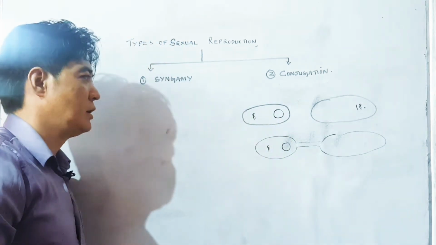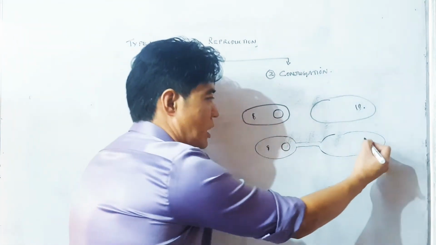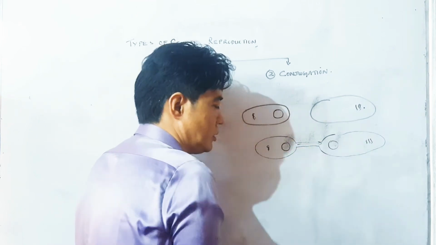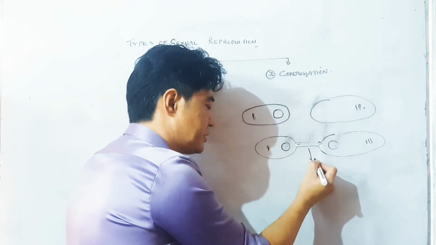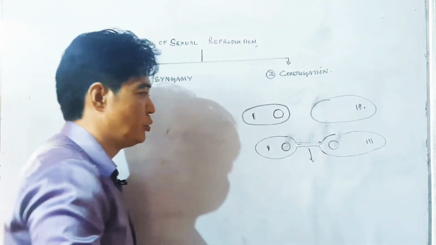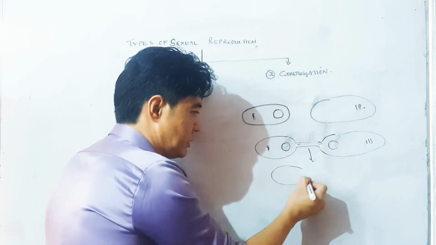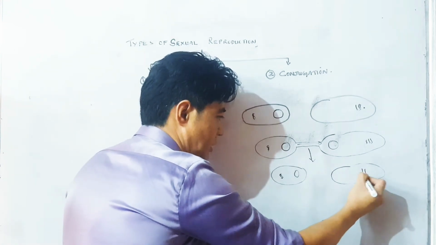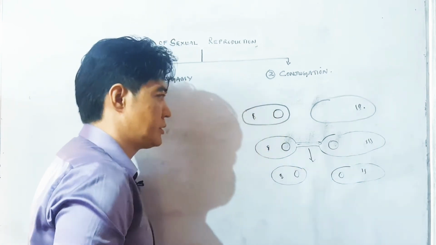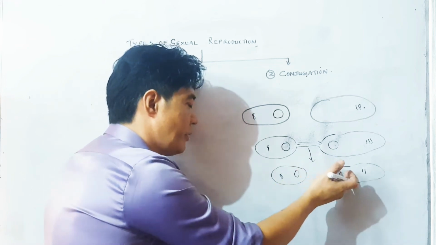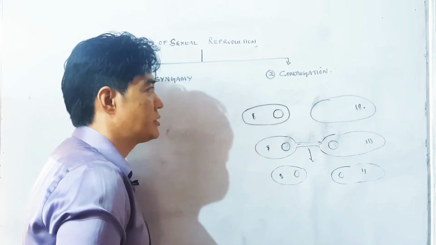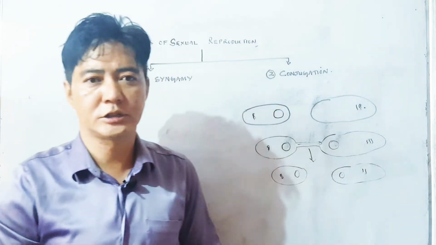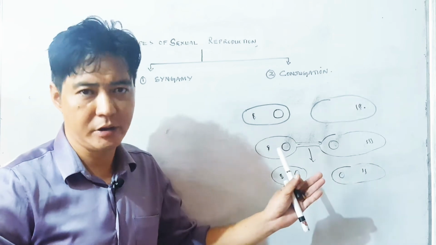Through this tube, the genetic materials are transferred to the other cell. Ultimately this conjugating tube degenerates, and here you can see both the bacterial cells contain genetic materials. This type of sexual reproduction is known as conjugation. You can see conjugation in Paramecium, Spirogyra or bacteria.